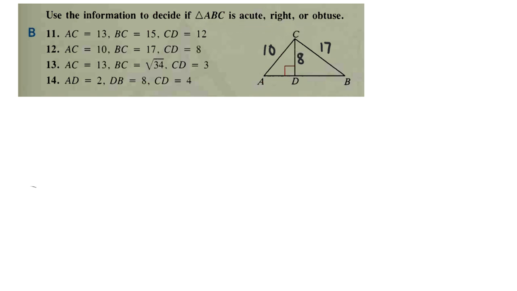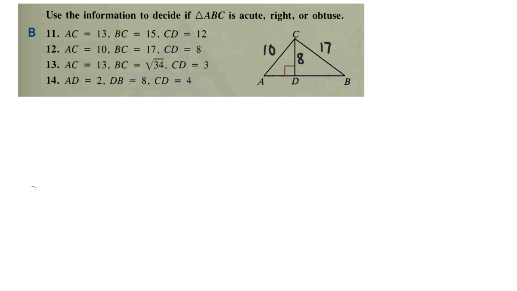That means I have to use the Pythagorean theorem a couple times to figure out this length and this length, and then a third time to compare these 3 lengths. I also could use similar triangles, but I'm not going to do that.